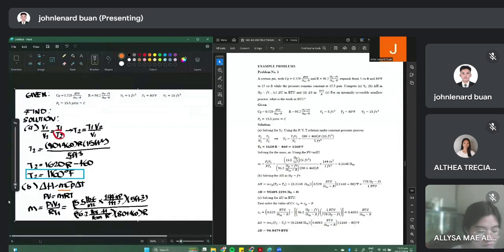Unit analysis muna tayo, guys. So, cancel square inch, pound force. Magiging ano tayo, ang pinapalit sa atin yung pound force. So cubic feet, matatanggal. And then we have here PSI. Ang PSI is equal to pound force per square inch.